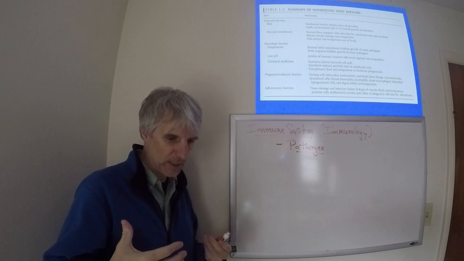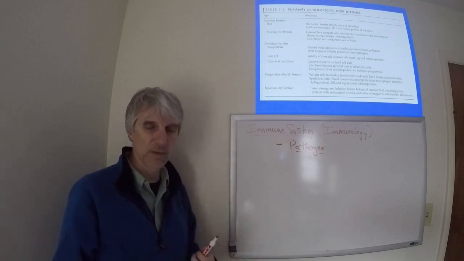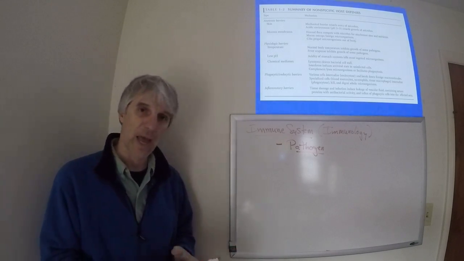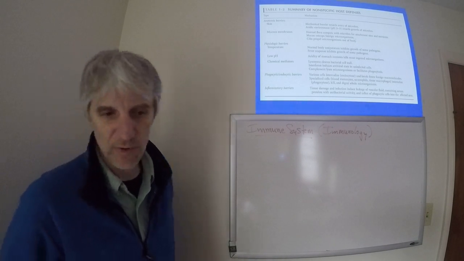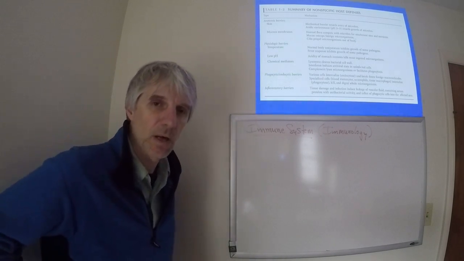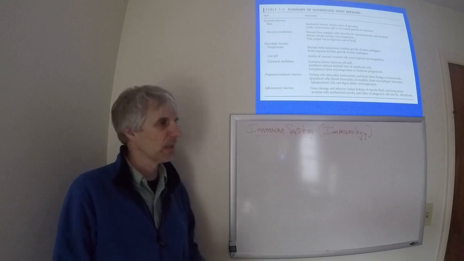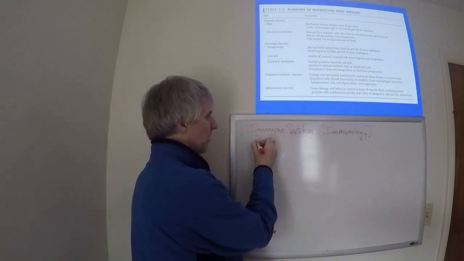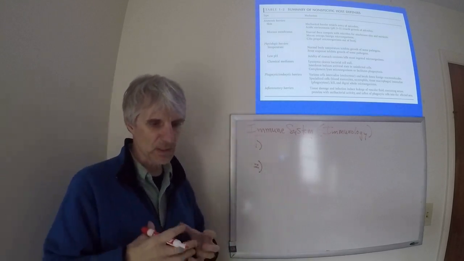The pathogen intends to do the host some harm, and the immune system is developed to be able to effectively deal with the pathogen. Right? So it's a system devoted to dealing with disease-causing organisms. Pathogens are disease-causing organisms.